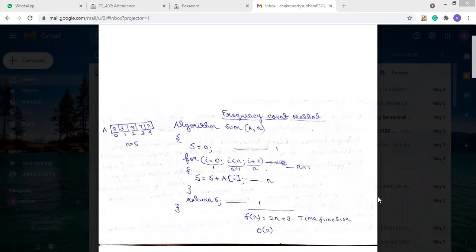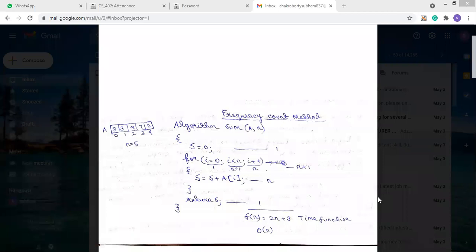This algorithm is based on an array, and inside this array n elements are present, and we are calculating the sum of the n elements in the array.